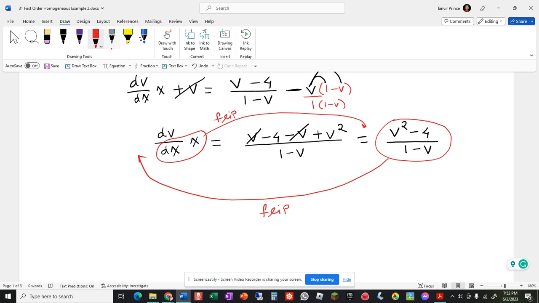Just like, I'm just giving an example here, let's say you have 3 over 2 times 5 equal to, let's say, x, right? If you want to move this 3 over 2 to the other side, I can just write 2 over 3, because you're multiplying both sides by 2 over 3, right?